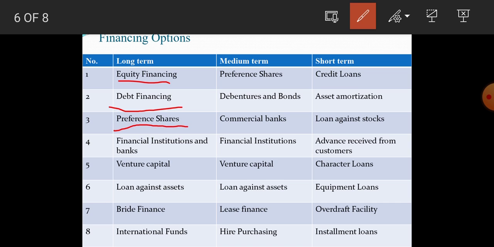Then preference shares. This instrument is a combination of the first two, that is equity and debt. In equity finance, the investor enjoys the ownership, right? But no certain fixed amount of return. That is, the investor who purchases the share has no guarantee that he will get some return. While in case of debenture, the investor enjoys a certain amount of fixed return.